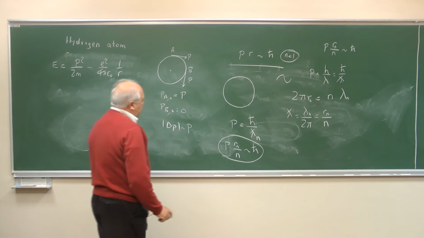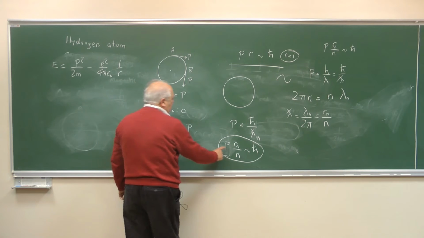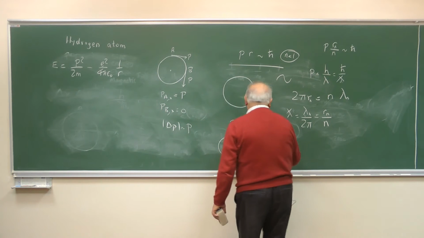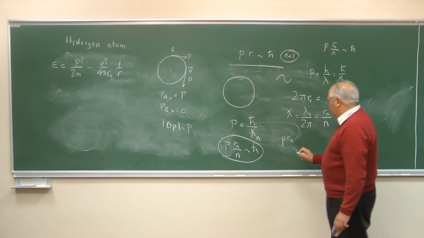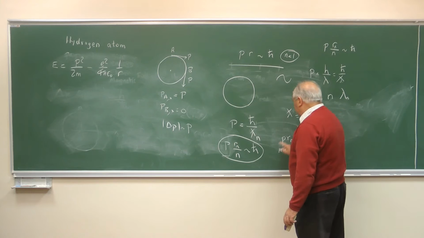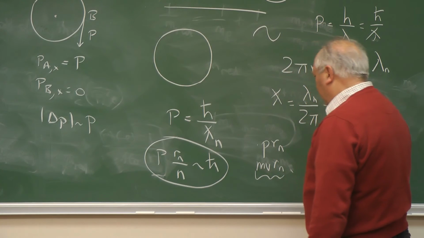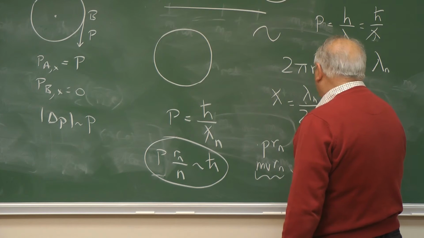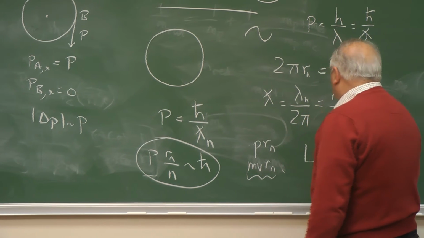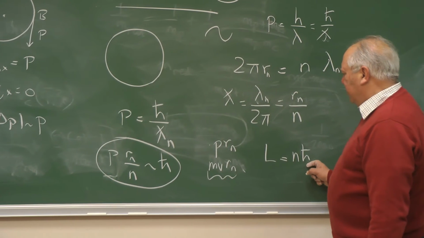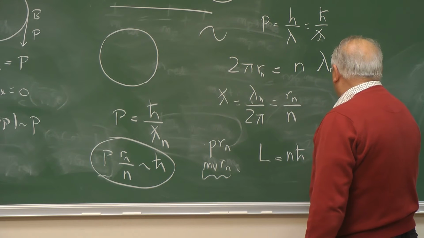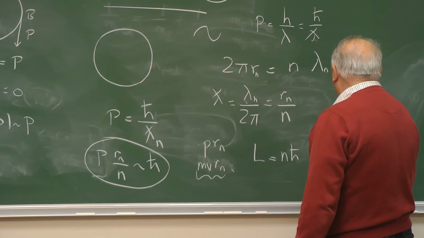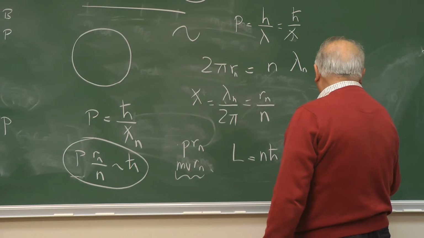And by the way, there is one more thing. P Rn, which is mv, P is mv, Rn, is nothing but the angular momentum of the electron. So L is equal to n h bar, which is Bohr's quantization principle.